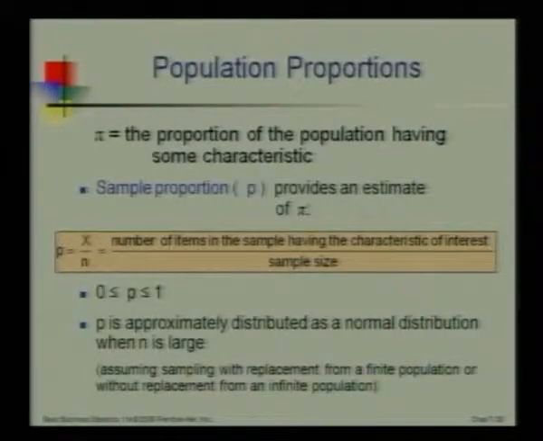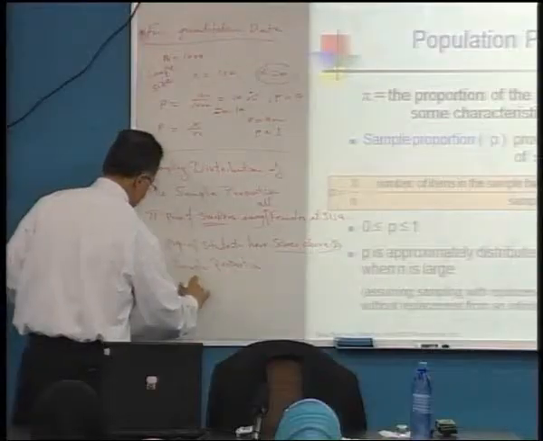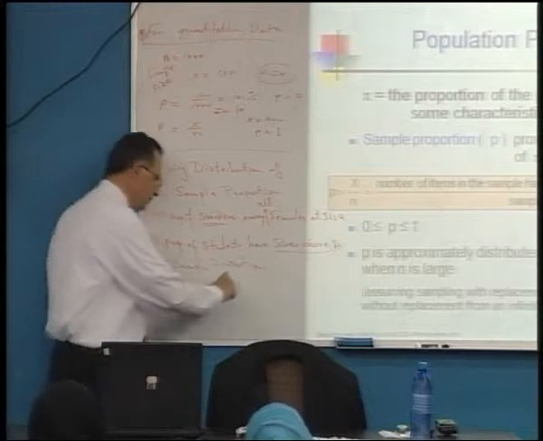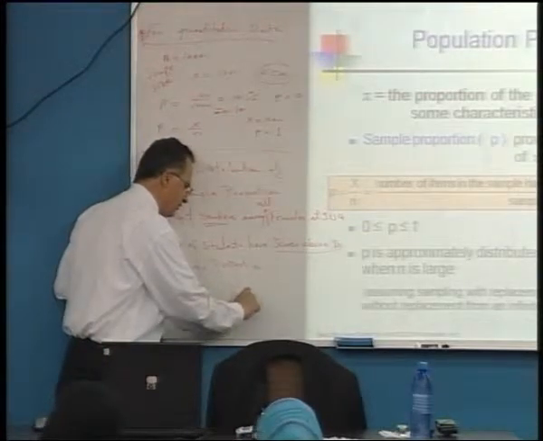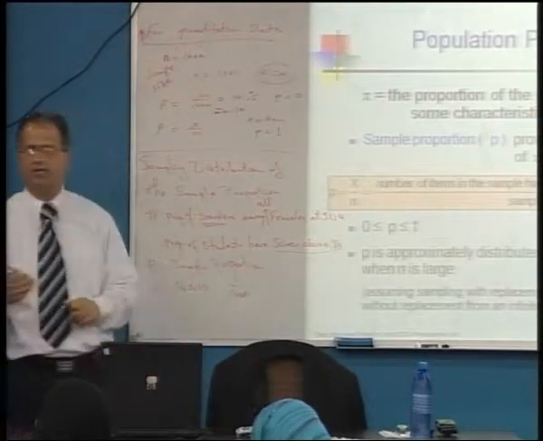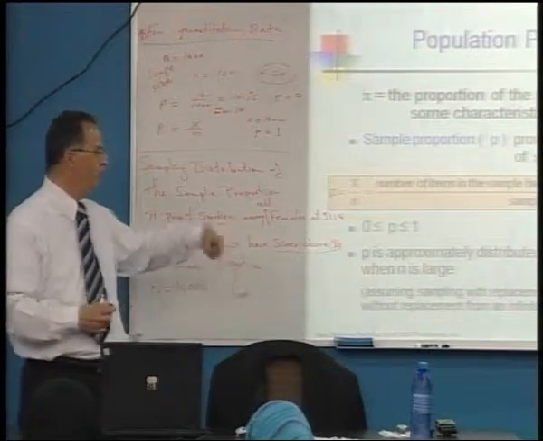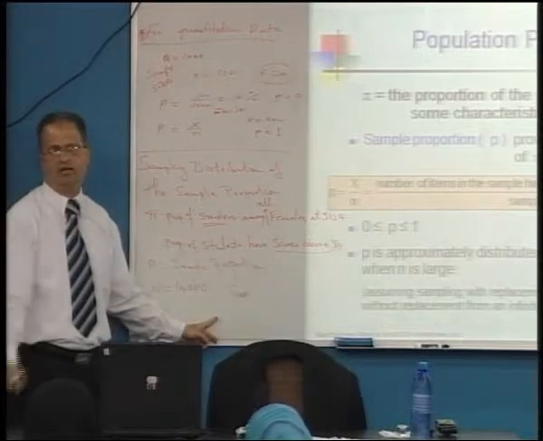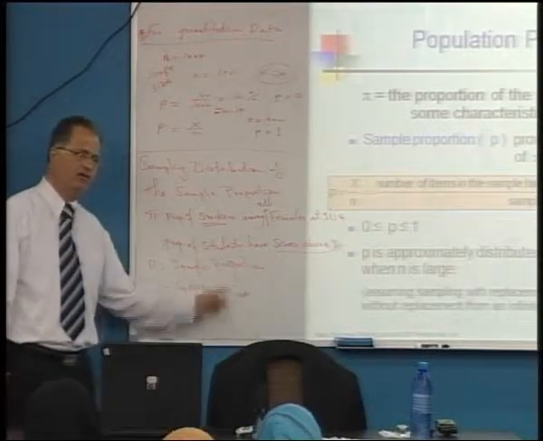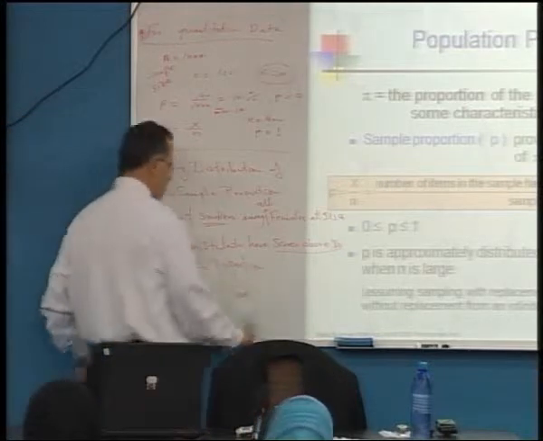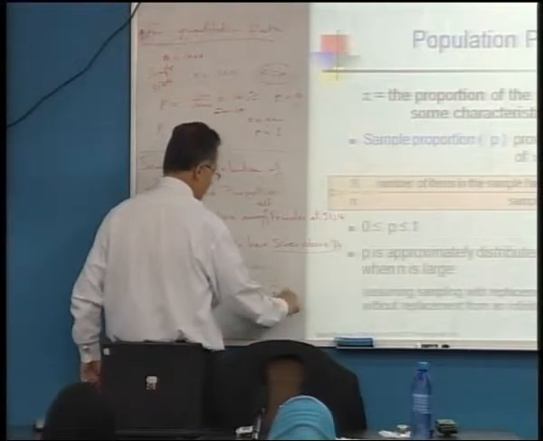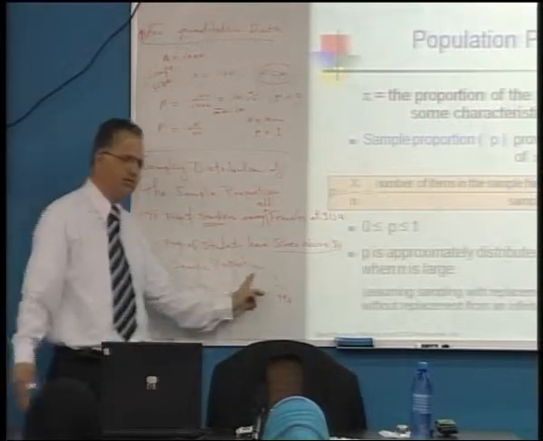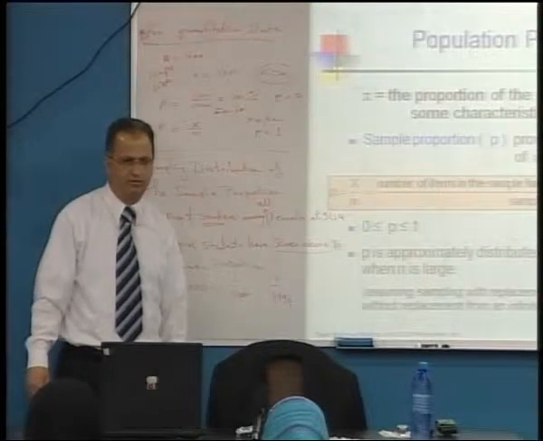If we select a random sample without replacement from an infinite population, for example, suppose n equals 10,000. In this case, each person has a chance of being selected of 1 over 10,000. Let's assume that we select sampling without replacement. So if we select one with a probability of 1 over 10,000, the second one has a chance of 1 divided by 9,999, and the difference between these two is very small.